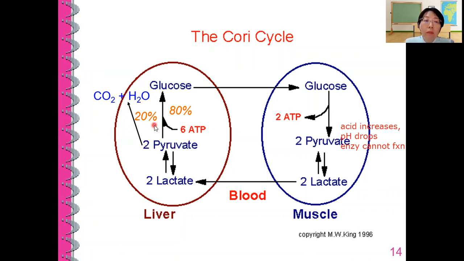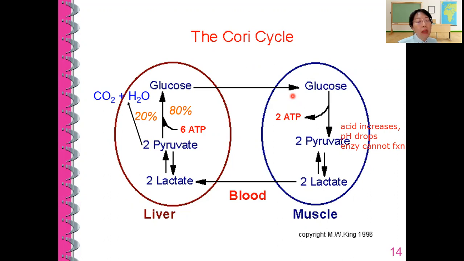Then from pyruvate, 20% can be fully oxidized to CO2 and water and ATP. 80% can be converted back to glucose, transported by bloodstream back to the muscle to be used by muscles again.